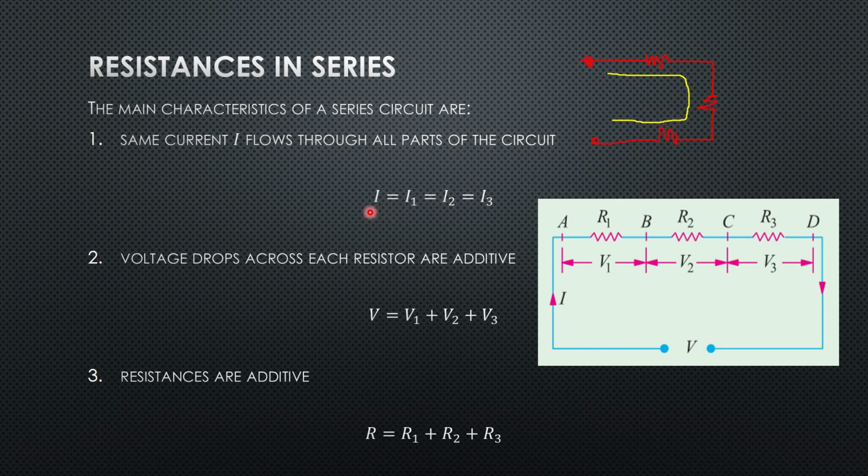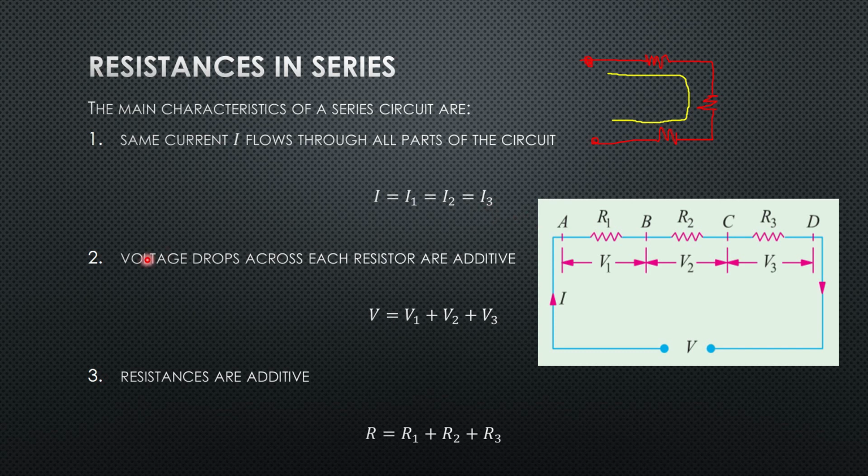So the total current that will flow across the circuit is equal all throughout all the parts of the circuit. I could say that the total current I is equivalent to the current passing through resistance 1, which is I1, and equal to the current passing through I2, and the current passing through resistance 3, which is I3.